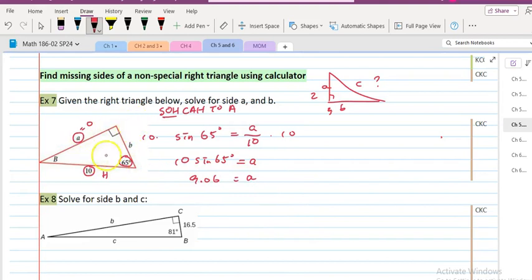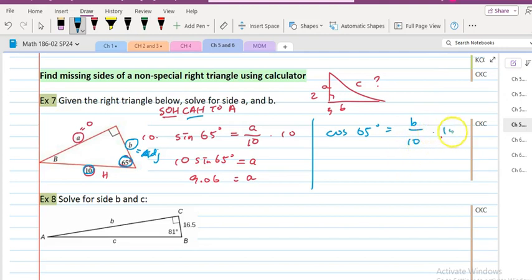What about B? So I'm going to use another color. Use green. So B, 10, 65. Relative to 65, this is A, the adjacent, and that's O. So I have A and H, so I would say cosine 65 is equal to B over 10, adjacent over hypotenuse.